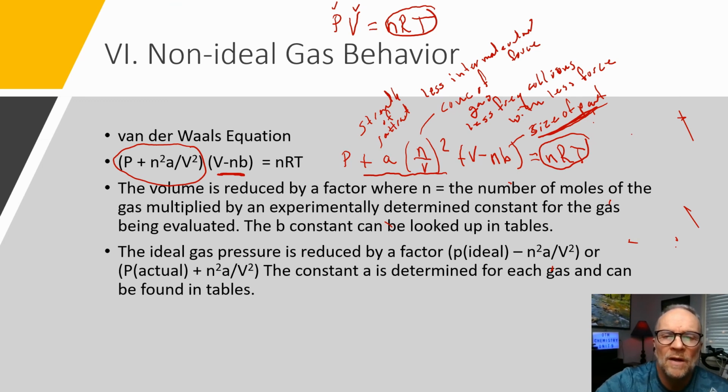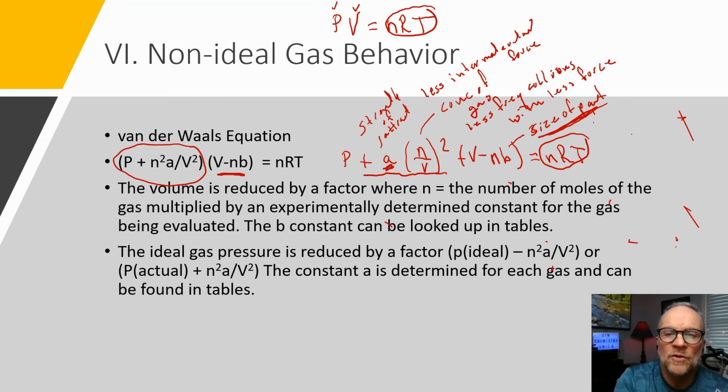And so this correction factor is a combination of the intermolecular forces between the gas molecules, and that's very individualized for each one depending on the charge and the size of the particle. That's why you have to look that up on tables.